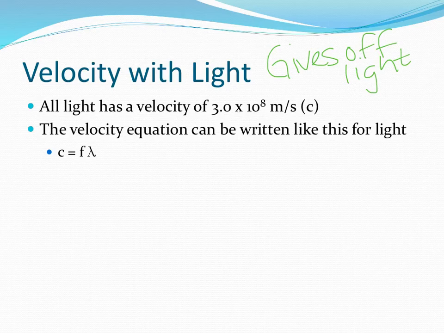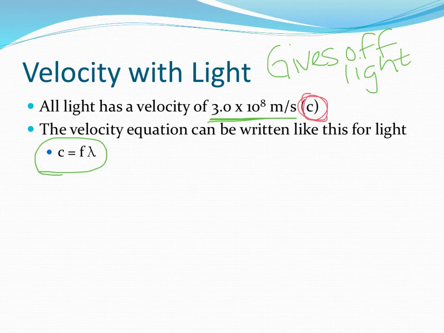So a lot of times in chemistry, the presence of light can allow us to calculate certain things. So the equation, when you're dealing with light, looks very similar, except we just replace velocity with c. And c stands for that constant speed that light always has, 3.0 times 10 to the 8th meters per second. That number is what c represents.